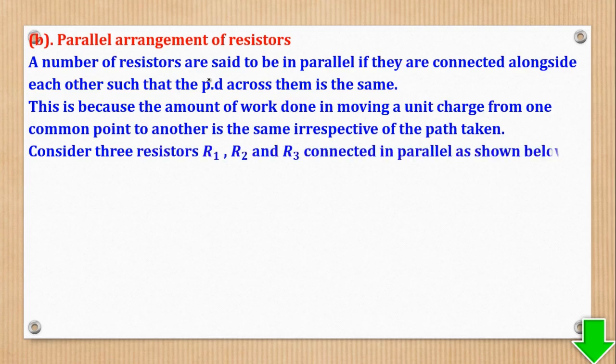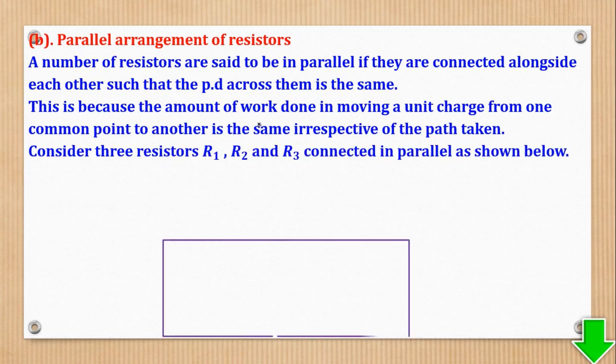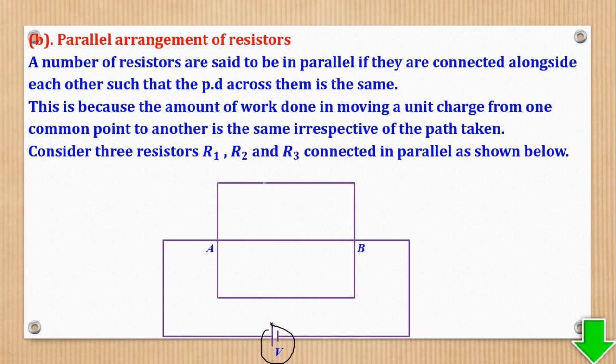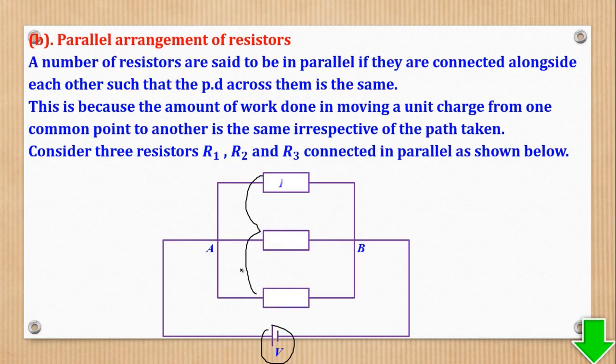Just like we did for series, we shall also derive the expression for parallel arrangement of resistors. So this will be the source of PD, and those will be the resistors R1, R2, and R3. What this statement means is that if I move a charge now, because current is moving in this direction, charge will flow in this direction.